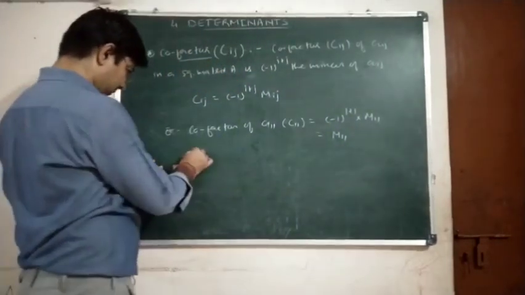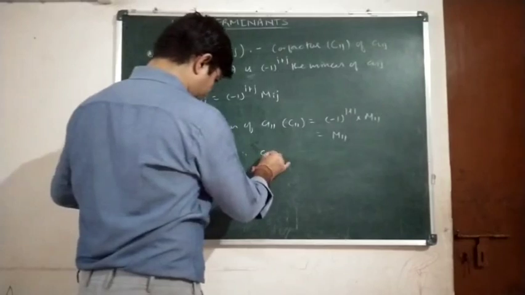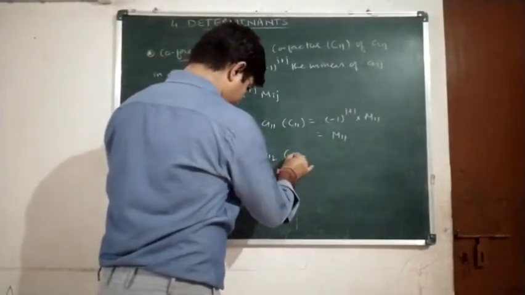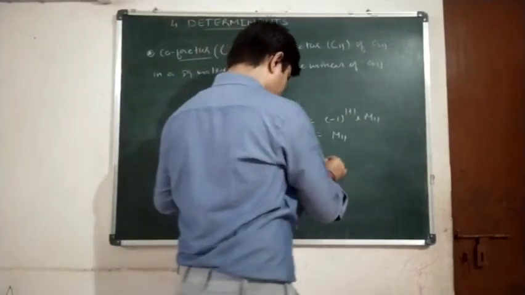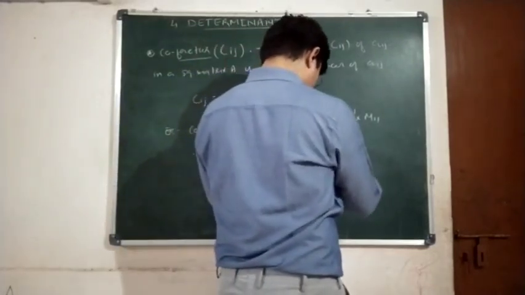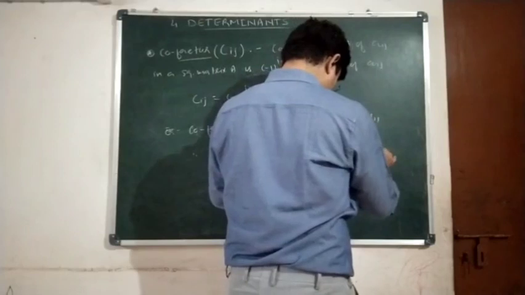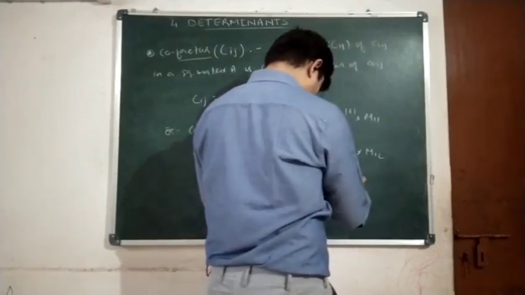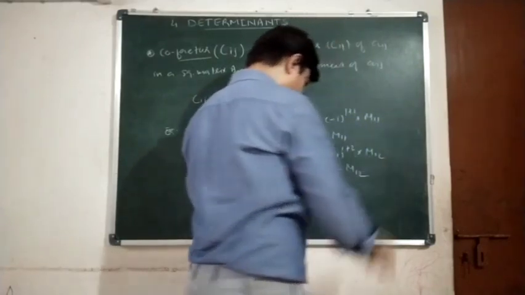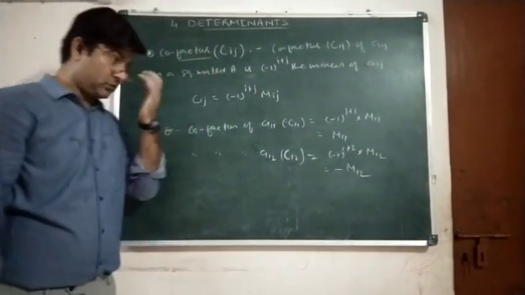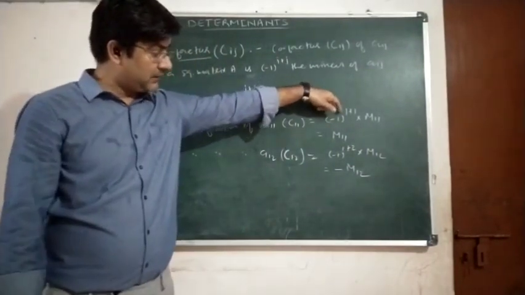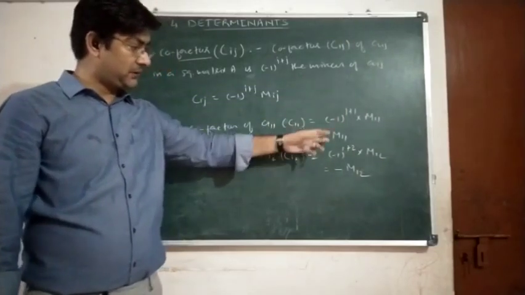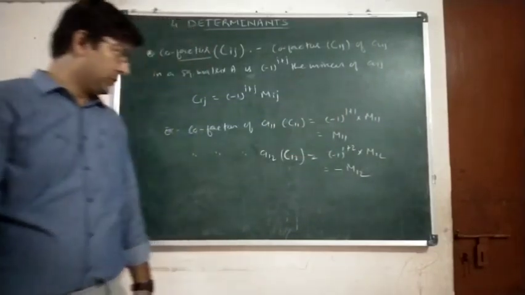Similarly, the cofactor of A12, that is C12, is equal to minus 1 raised to 1 plus 2 into M12, which is equal to minus M12. So you must have understood that depending upon the power, even or odd, the signs may be plus or minus. Clear?